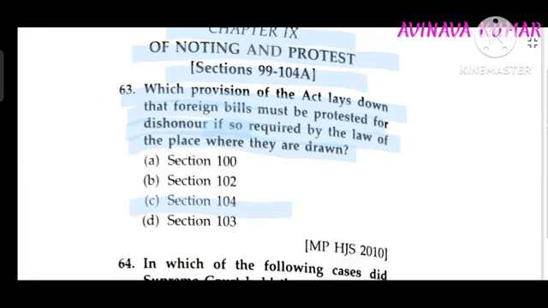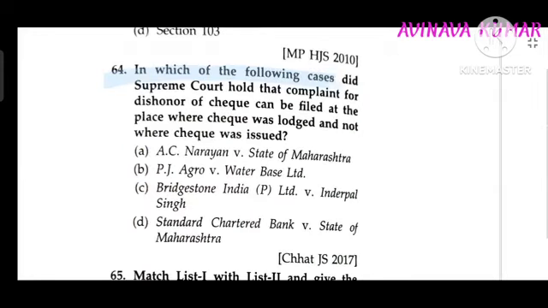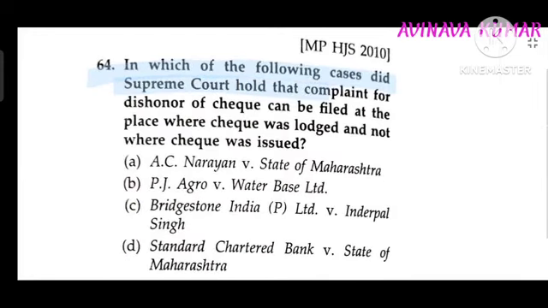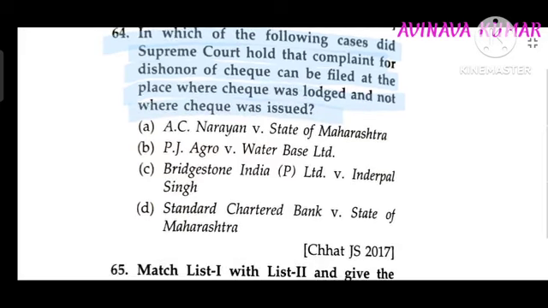Section 104. In which one of the following cases did the Supreme Court hold that a complaint for dishonor of a cheque can be filed at the place where the cheque was delivered for collection, not where the cheque was issued? Bridgestone India Private Limited versus Inderpal Singh.